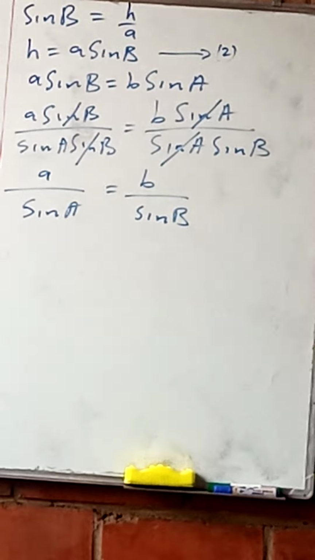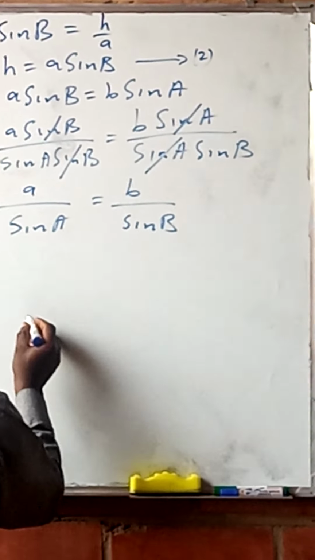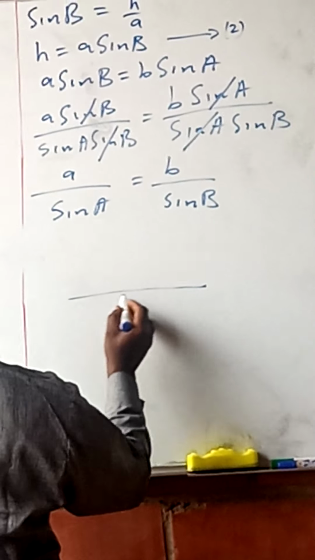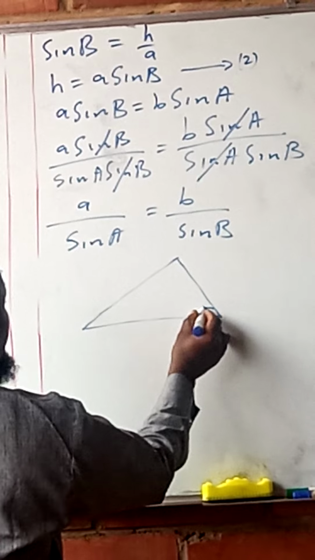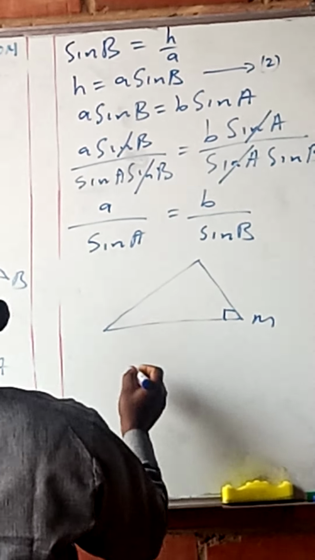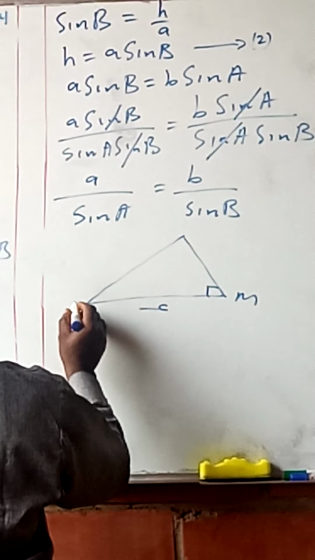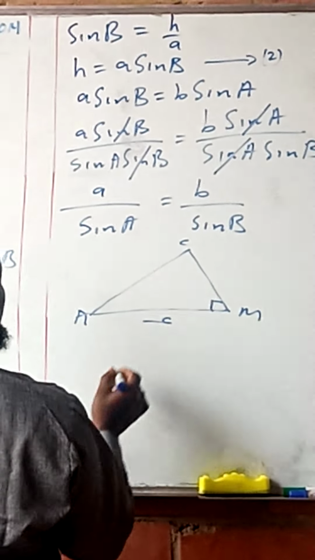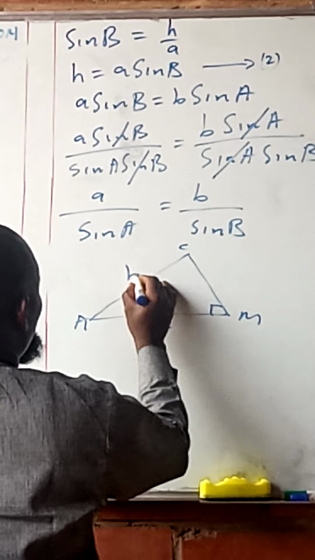You have to go for the other dimension when you split your triangle like this. When you split your triangle in that way, you are going to have something like this. It's a right angle at M. So you have your height in this place. You have your a here, you have your c here, then you also have your hypotenuse to be b.